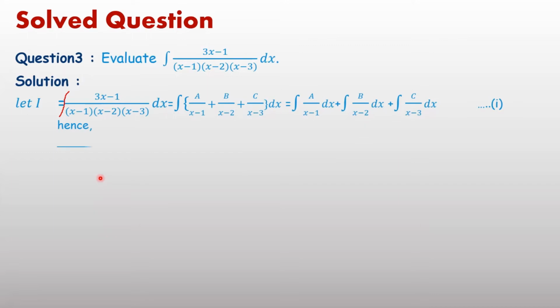Then let 3x minus 1 upon x minus 1 into x minus 2 into x minus 3 equal to a upon x minus 1 plus b upon x minus 2 plus c upon x minus 3.